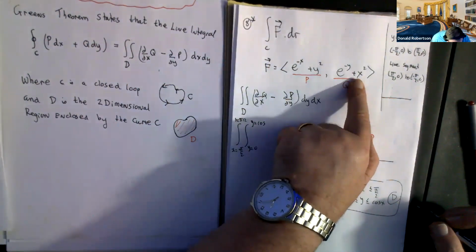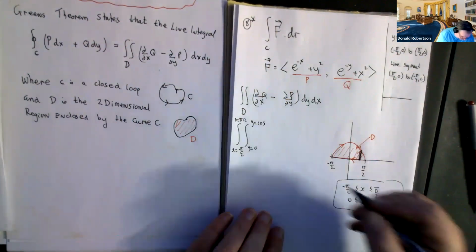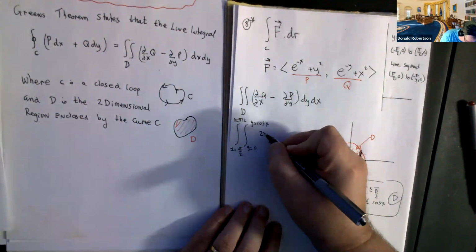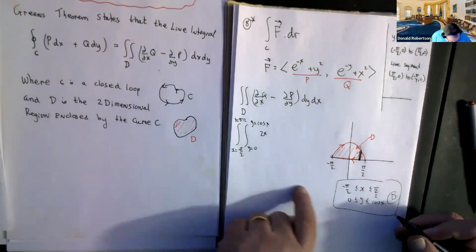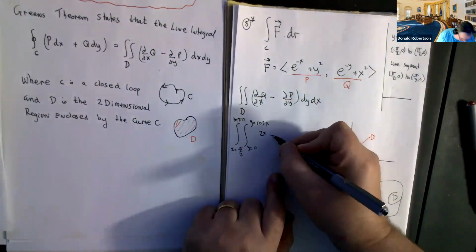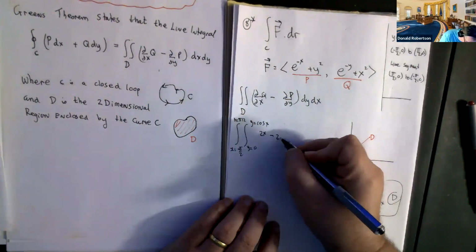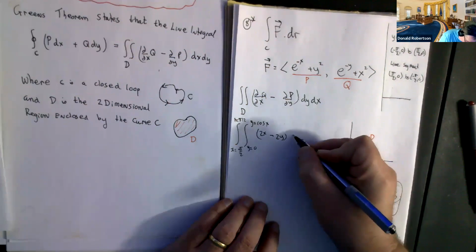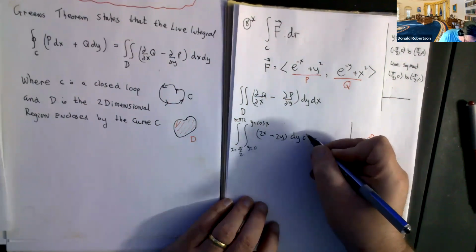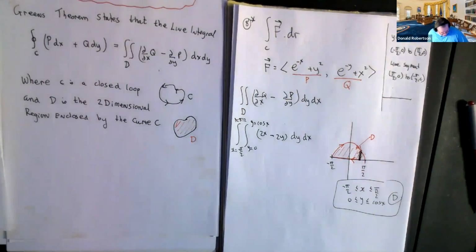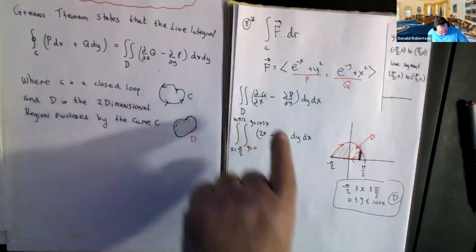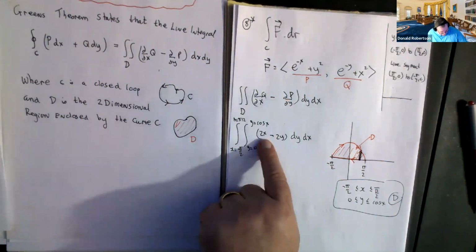And you differentiate this guy with respect to x. All you get is 2x. And if you take away, if you do the derivative of this guy with respect to y, all you get is 2y. And then you're going to go dy dx. So that's the limits set up, and that is this expression written down.